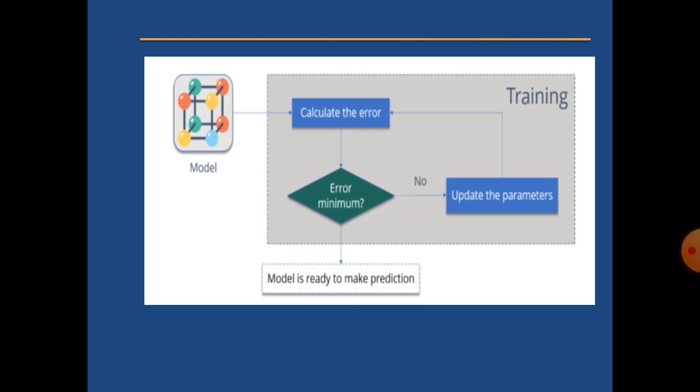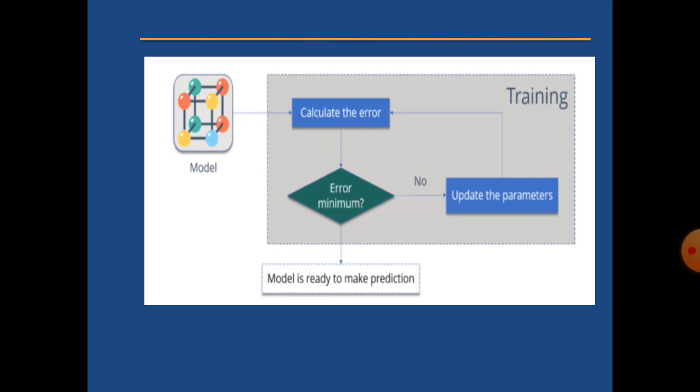For example, most of us are doing projects in machine learning. In that, we take a data set and split the entire data set into two parts, one for training and one for testing. 80% of the data set is used for training, 20% for testing.